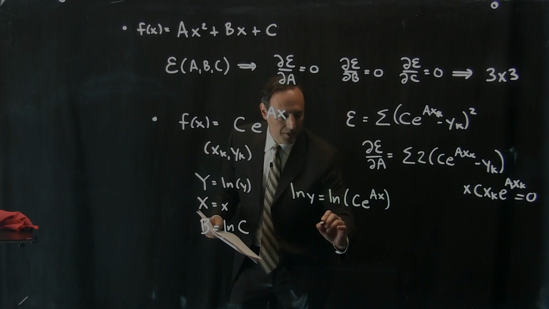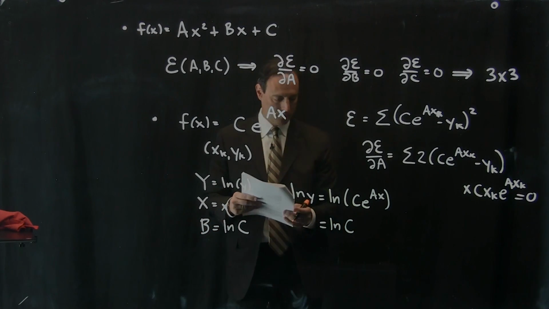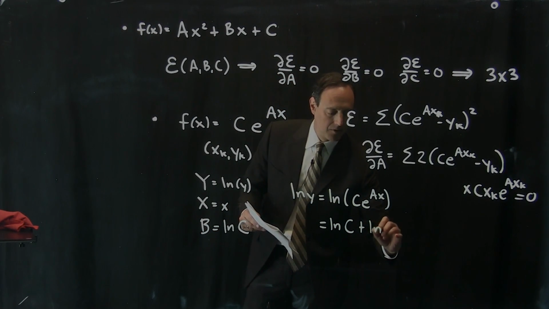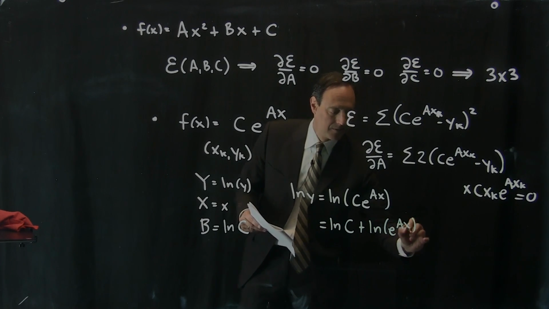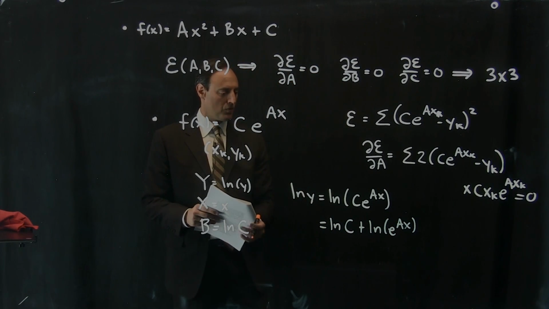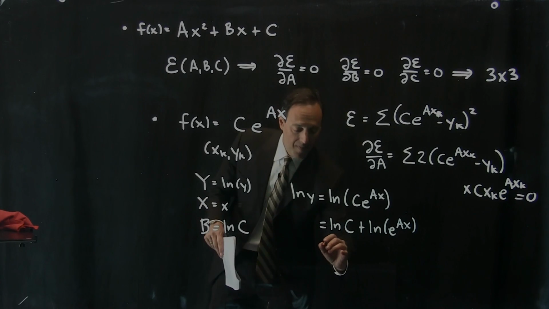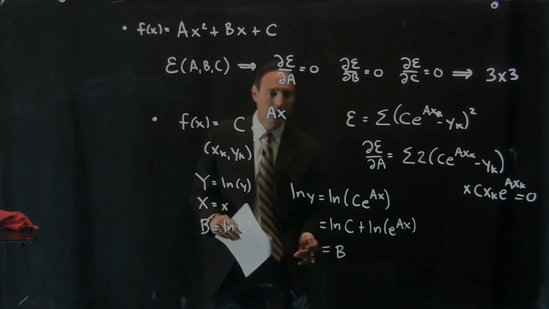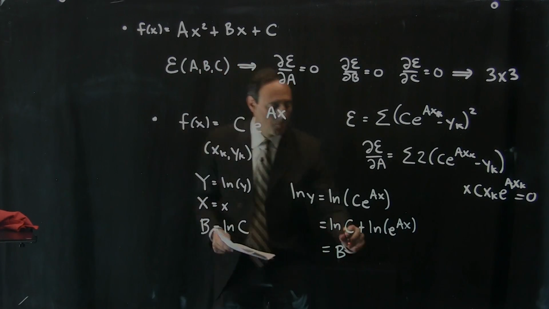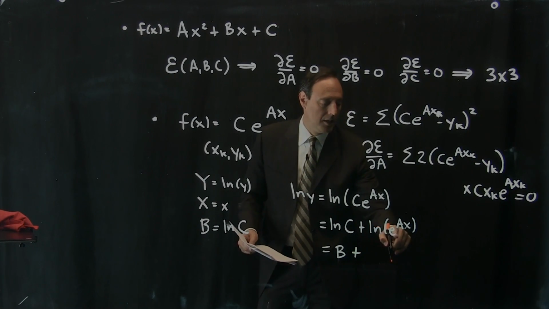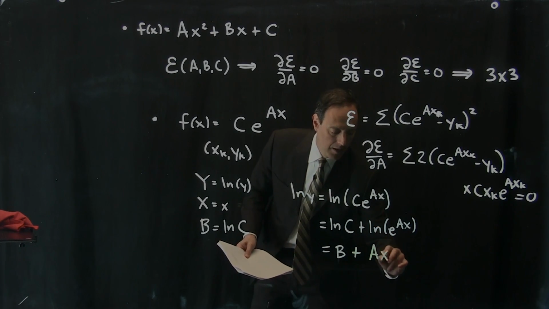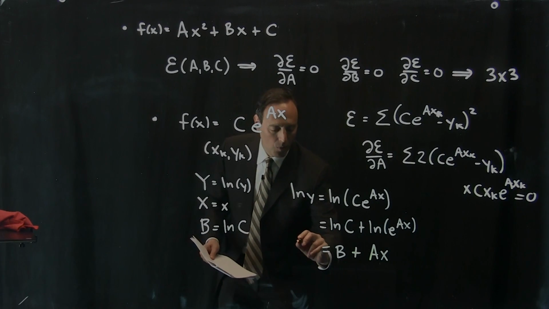Well, my log rule says that's natural log c plus natural log e to the ax. Log of c, oh, look at that, that is b, what I just defined here. Plus log and e undo each other, and you get ax. And remember that this is capital Y.